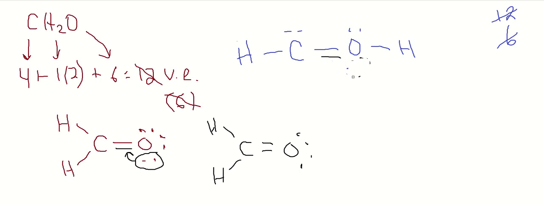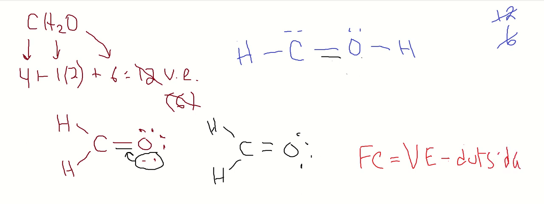Okay, so which one is the answer? To find that out, we need to take a look at the formal charge. The formal charge is the charge on each atom in the molecule, and we can get that by taking the number of valence electrons in its neutral atom, and subtracting the number of dots, which are the electrons, minus the number of dashes, which are the bonding pairs.